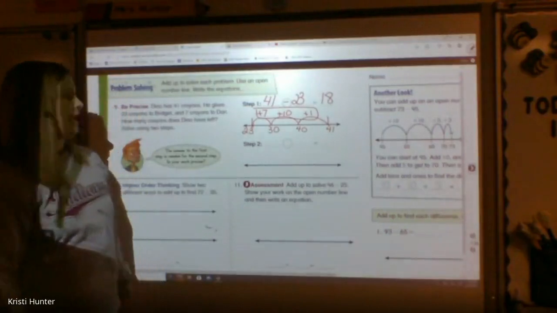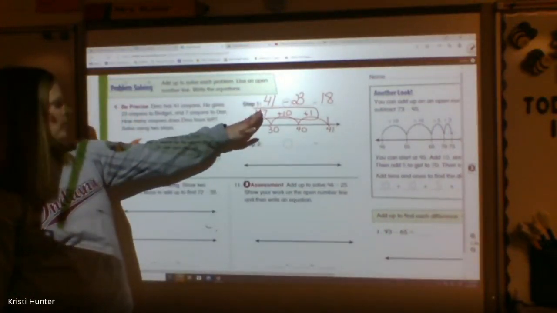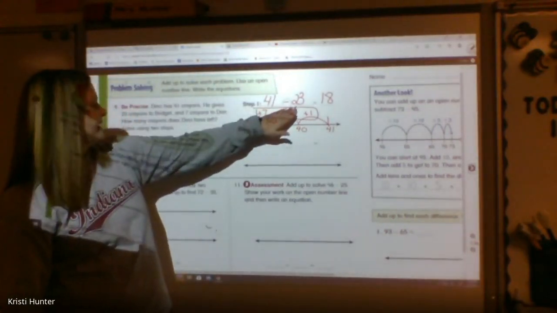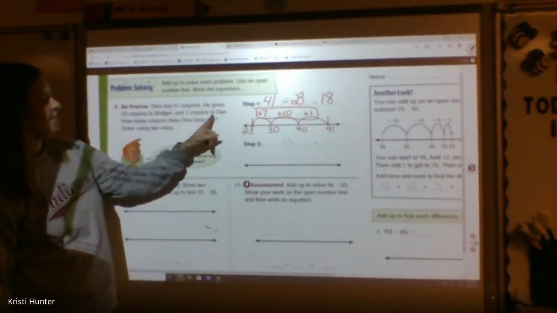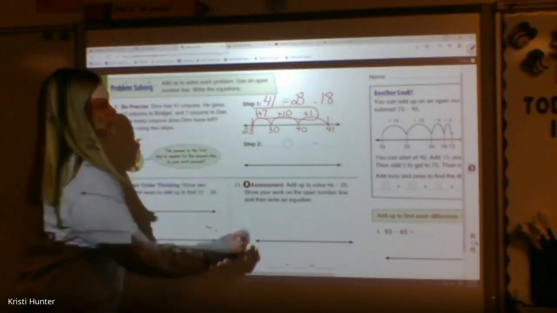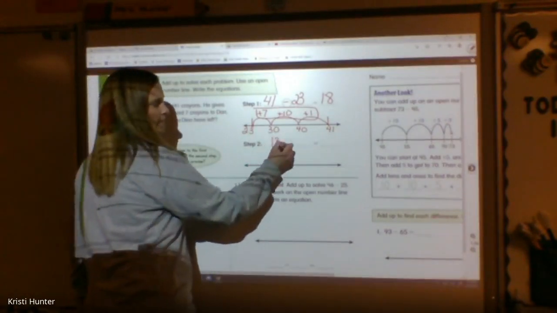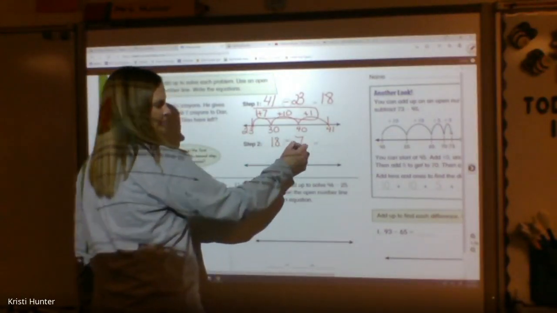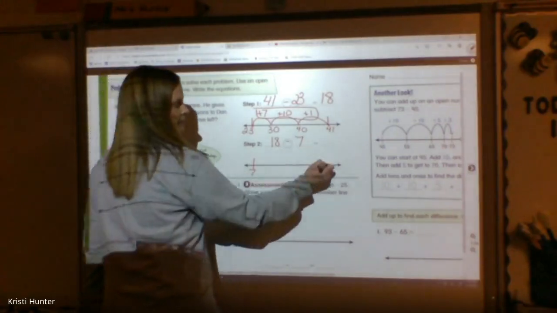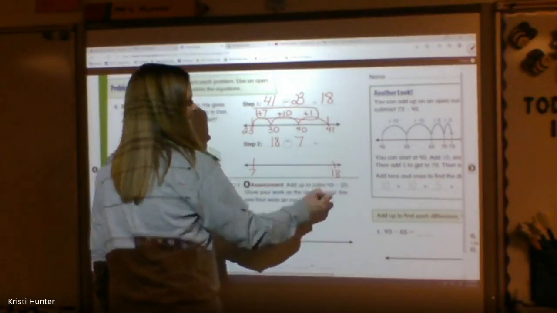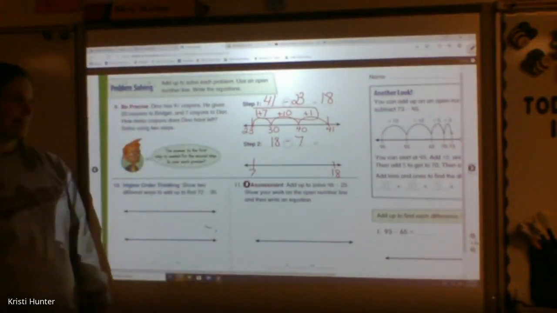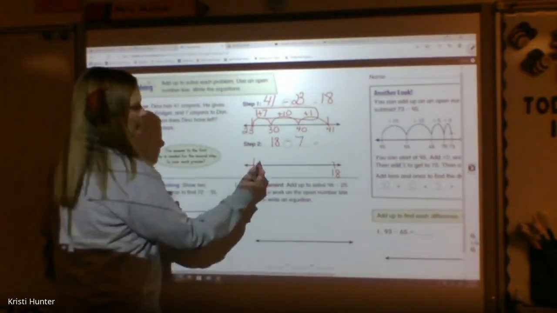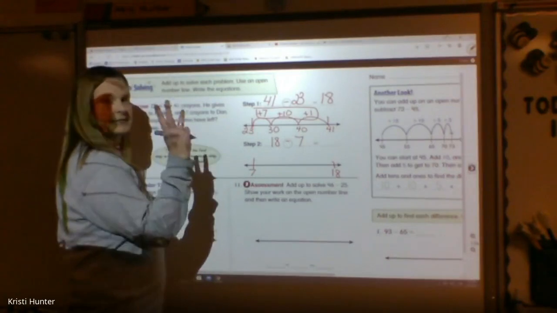So here's what I know now. Dingo had 41. He gave away 23, so he has 18. Now he gives 7 crowns to Dan. So I'm going to have 18 minus 7. So I'm going to start at 7, see how many jumps it takes me to get to 18 to find out how many Dingo has left. All right, here we go. 7, 8, 9, 10.